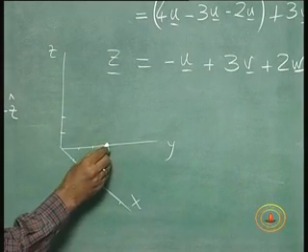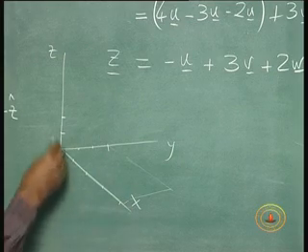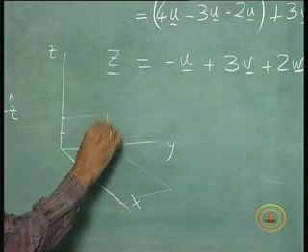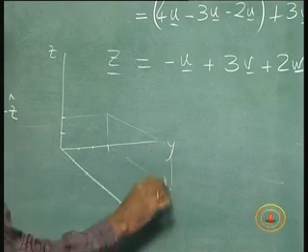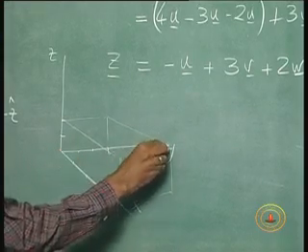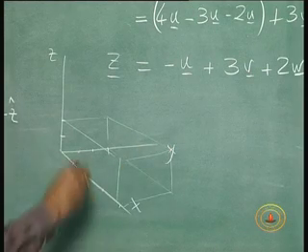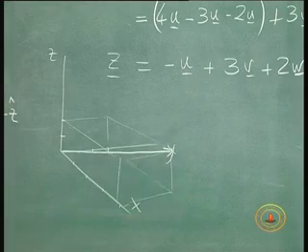So, I would just draw the rectangle, complete it, make a cube out of it, and this point, an arrow drawn from the origin to that point is my z.